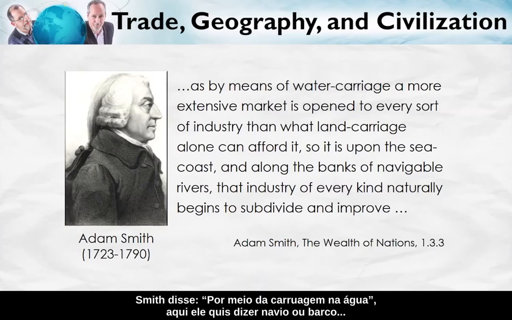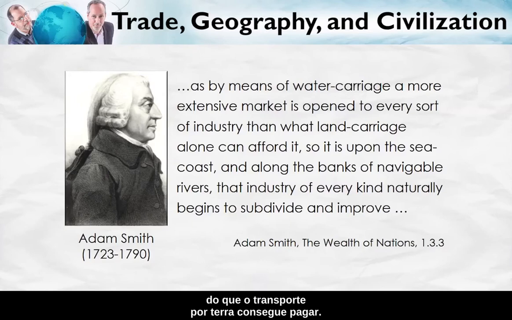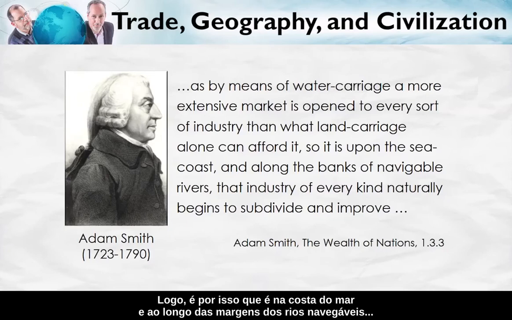Smith said, quote, "As by means of water carriage," by there he means ship and boat, "a more extensive market is opened to every sort of industry than what land carriage alone can afford it. So it is upon the seacoast and along the banks of navigable rivers that industry of every kind naturally begins to subdivide and improve." End quote.